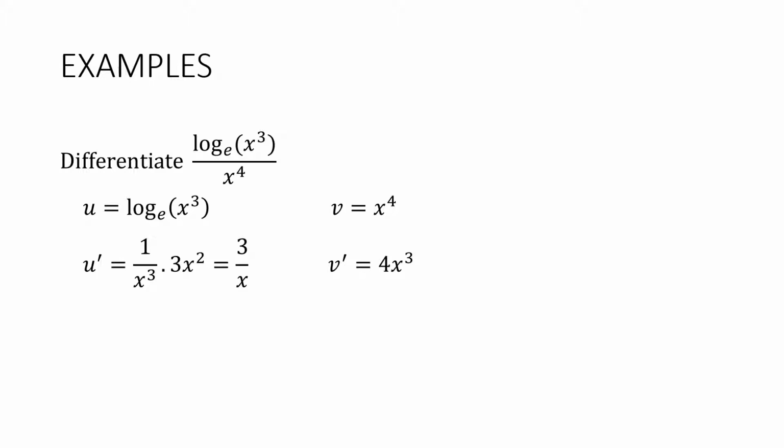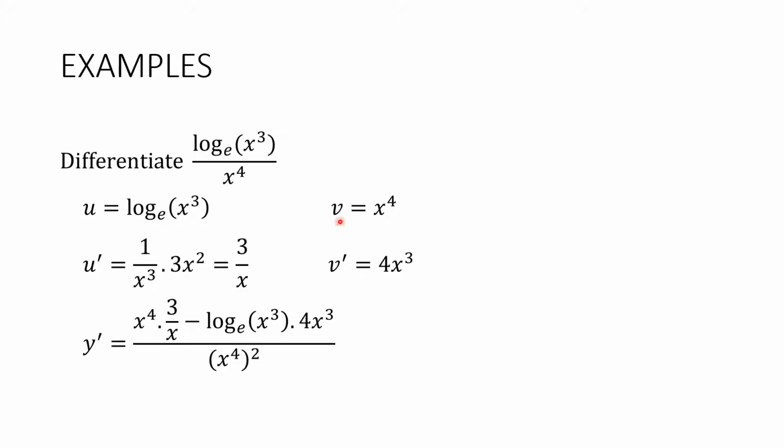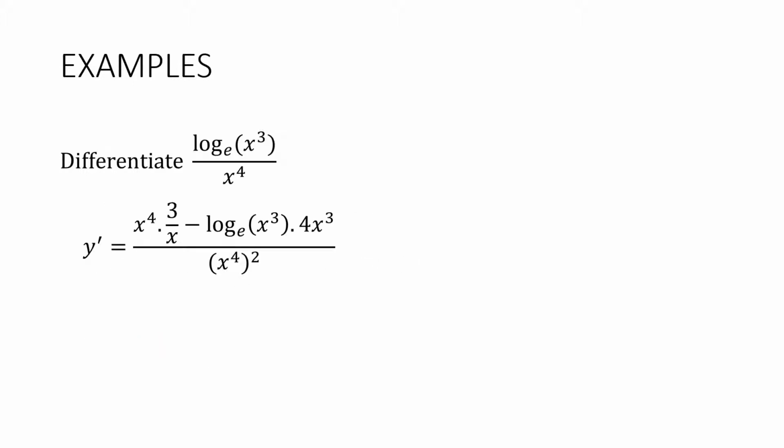Right, let's construct our quotient rule. So it's going to be v multiplied by du dx minus u multiplied by dv dx all over the denominator squared. A couple of things I can tidy up. That x will cancel into this x to the 4 and become x cubed, like that. x to the 4 all squared is x to the 8.